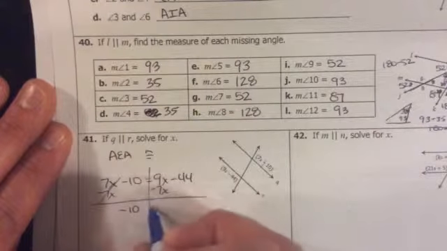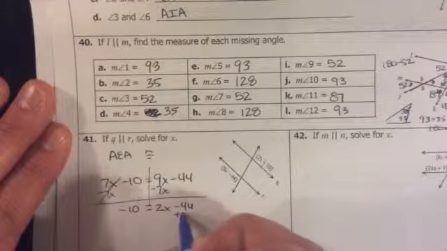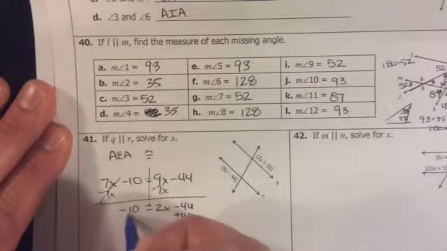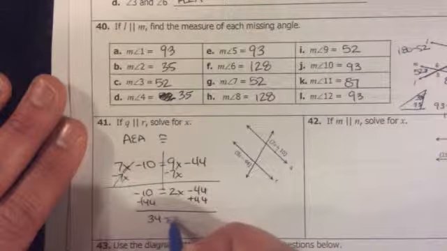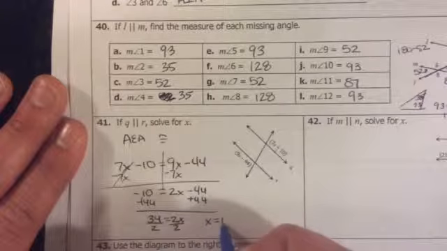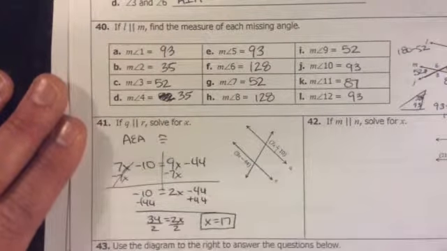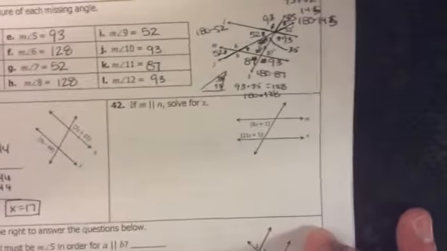I have negative 10 here, be careful, equals 2x minus 44. What I'm going to do is add 44 to both sides. I have 34 equals 2x divided by 2. X equals 17. And again, we've solved for x. We've done our job. Next question.